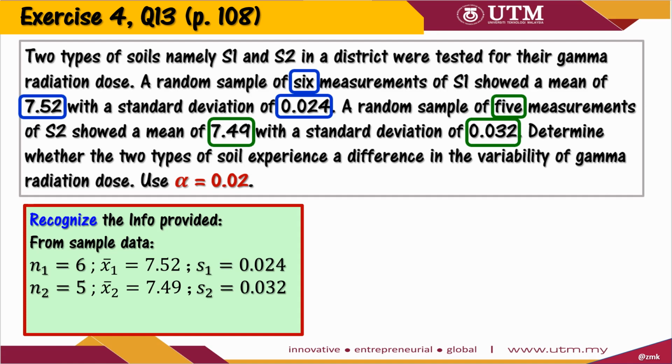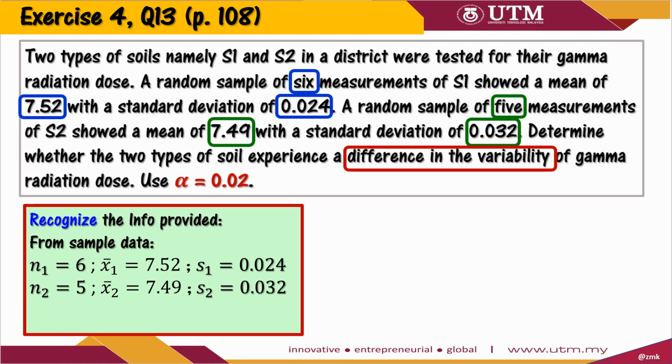Our focus this time, however, is to determine whether the two types of soil experience a difference in the variability of gamma radiation dose at alpha equal to 0.02 or 2%. Please change the alpha value for testing the variability in your textbook from 0.01 to 0.02.